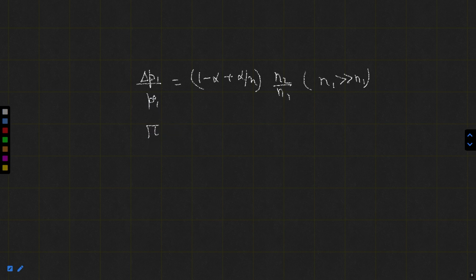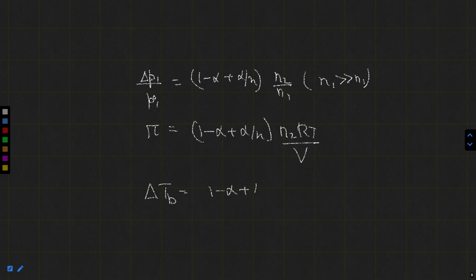Similarly, for osmotic pressure, it will be 1 minus alpha plus alpha by n, into n2 by V RT, or you can write it as this. Similarly, elevation in boiling point can be written as 1 minus alpha plus alpha by n, Kb m.